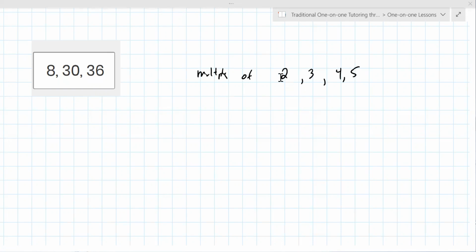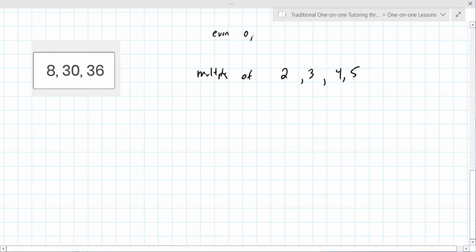So let's start with multiples of 2. Are all of the numbers even? No. Which one is not even? 30? Even means that it ends in 0, 2, 4, 6, or 8.